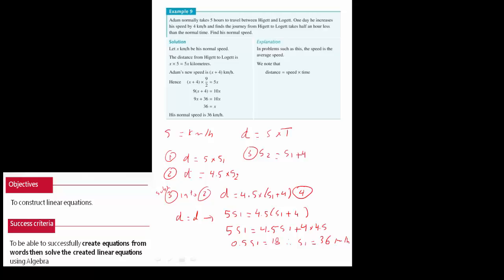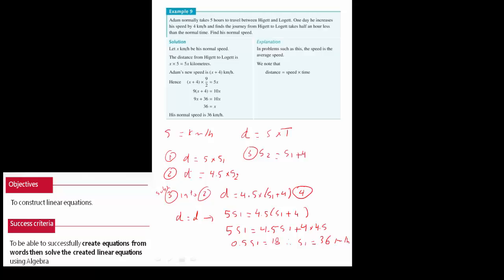Let's recap. So first we started by writing the equation, distance equals speed times time. So we call the normal speed S1, we have the time 5, so the distance is 5 times S1. From the second one, we get the distance equals the new time it took times the new speed, called S2. So now I've got two equations, and from here, we know the ratio between S1 and S2 is that it's 4 kilometers more.